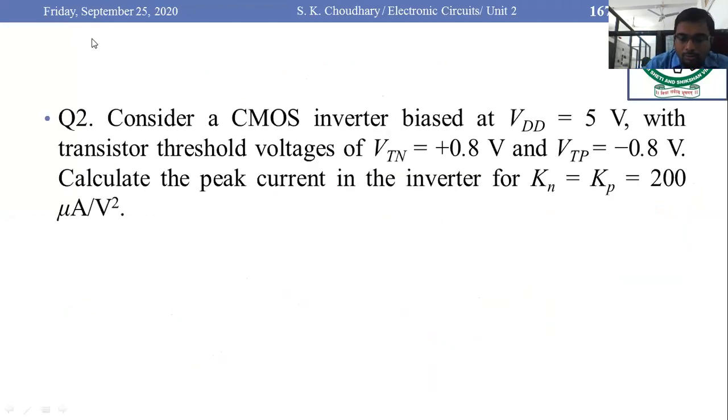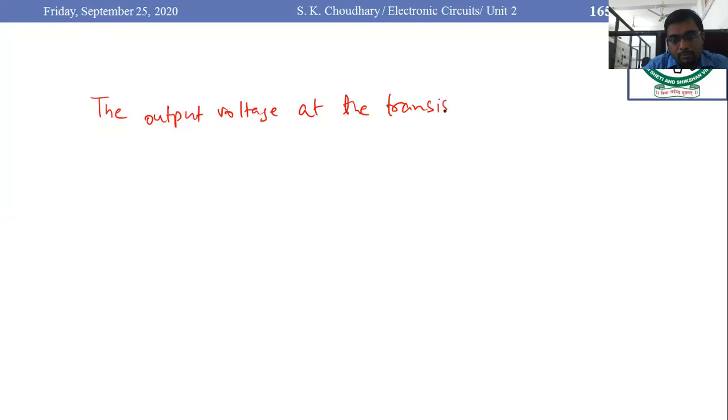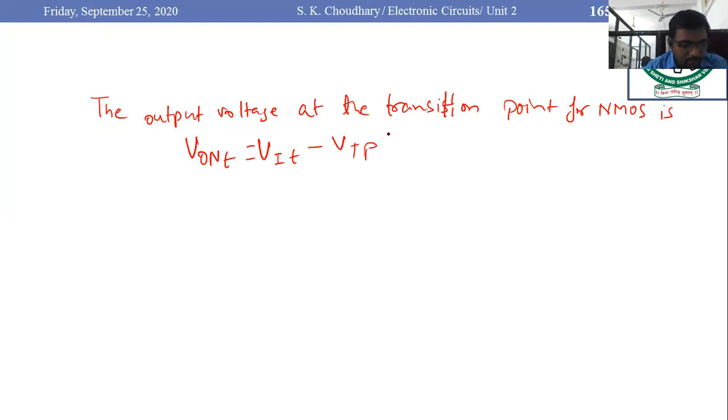The output voltage at the transition point for NMOS is VONT is equal to VIT minus VTP.